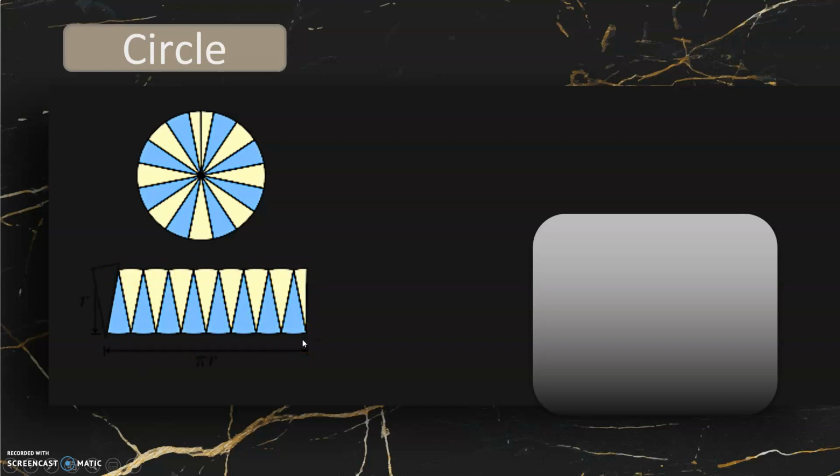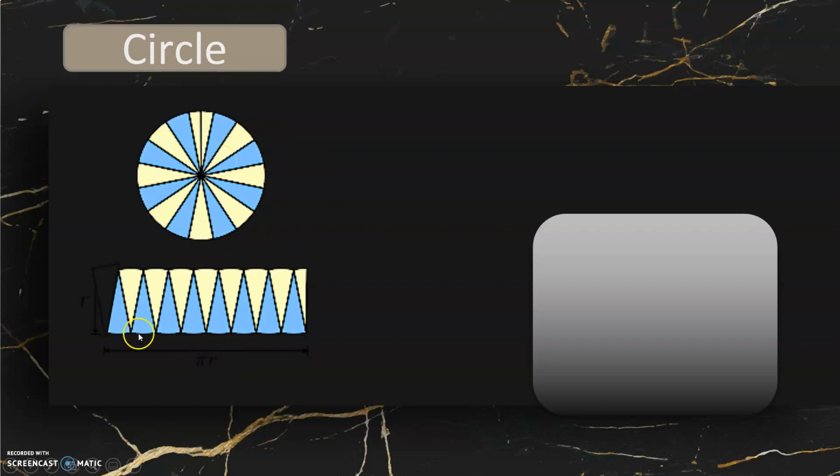But in finding the area, we do not multiply the two sides or two lengths of a rectangle. So instead of having 2 pi r, which is equal to the circumference of the circle, we will only get half of it, which is pi r.